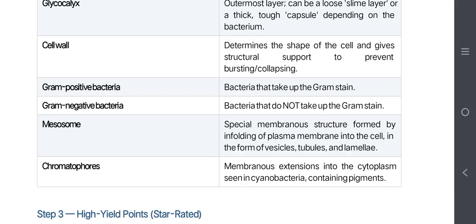Another one is Gram positive bacteria: bacteria that take up the Gram stain. The bacteria which do not take up Gram stain come under Gram negative bacteria.